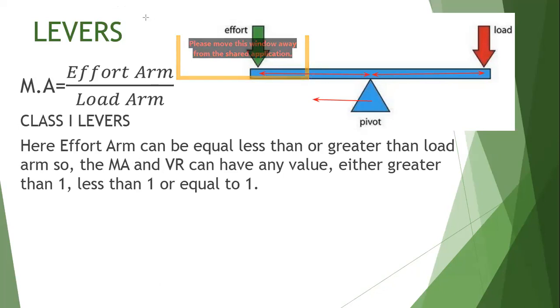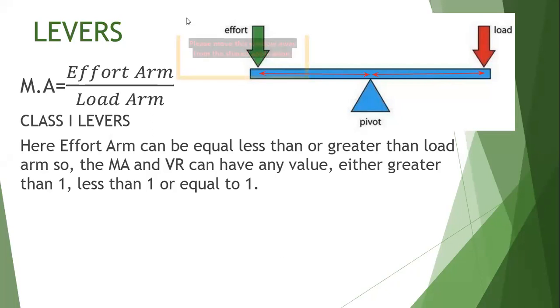So when we have the fulcrum in between the load and the effort, we have all three possibilities: your effort arm can be equal to the load arm, or greater than the load arm, or less than the load arm. And so you may find that the MA of a class 1 lever can be greater than 1, equal to 1, or even less than 1.